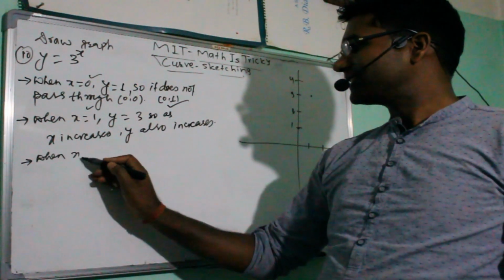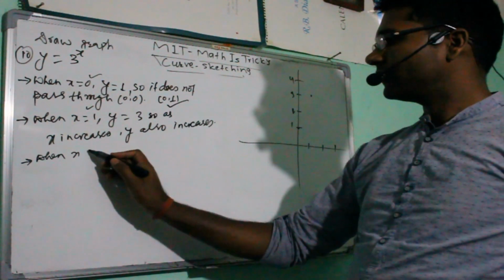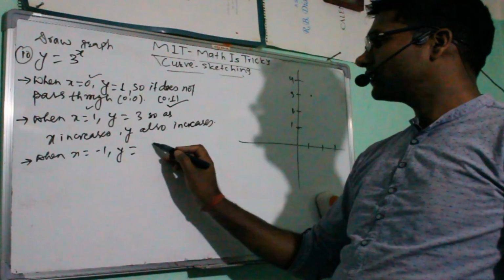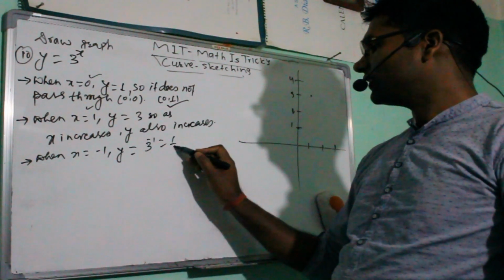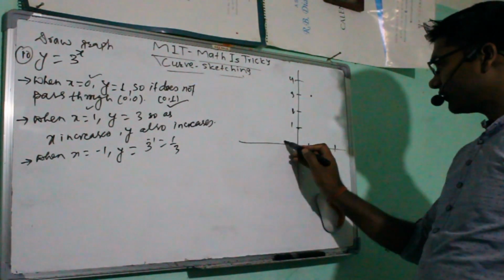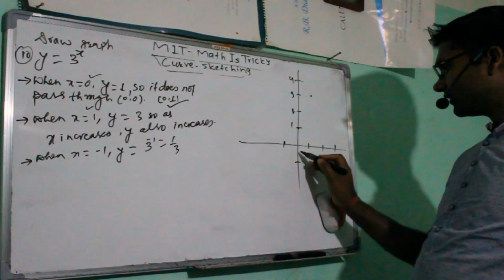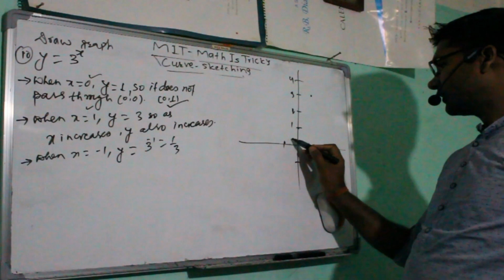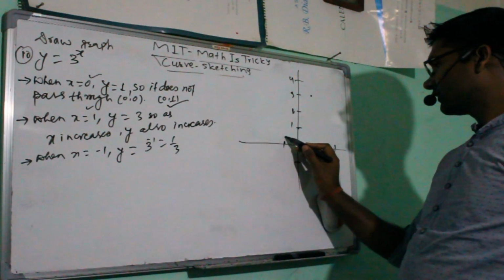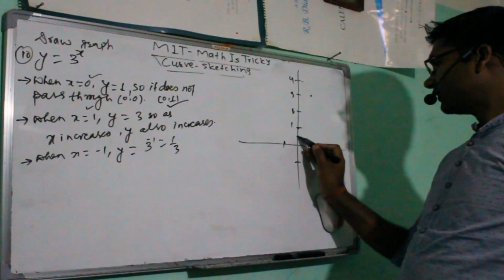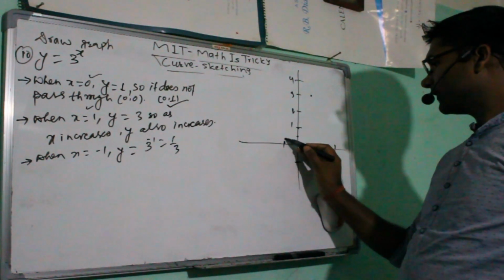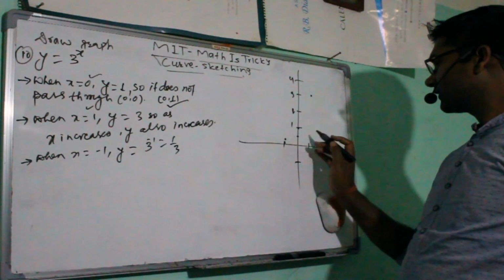When x equals -1, y equals 3 power -1, which means 1/3. Here it is positive, 1/3 will be almost here, between 0 and 1, it is decreasing, isn't it?